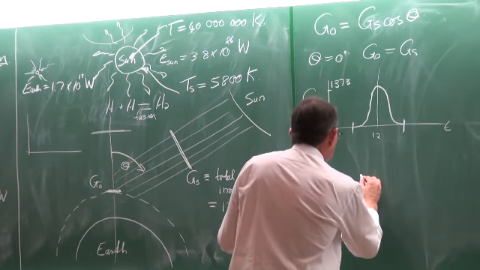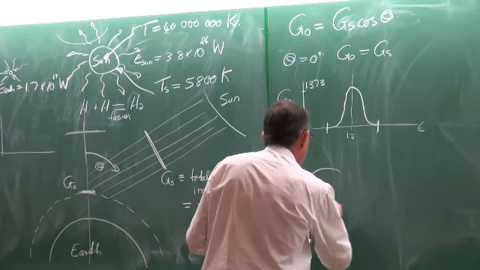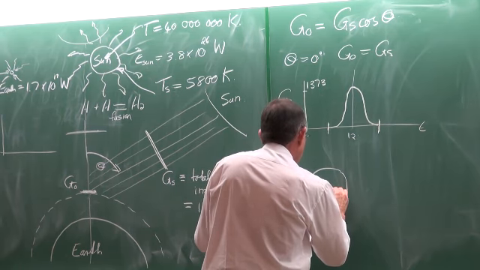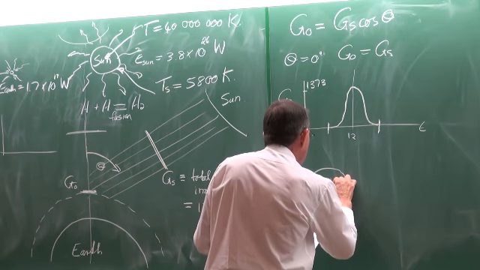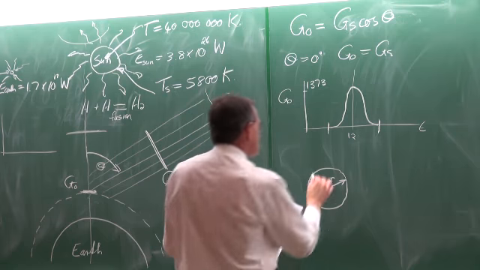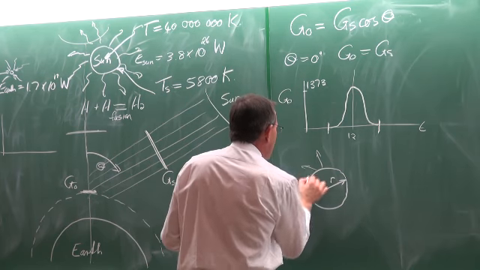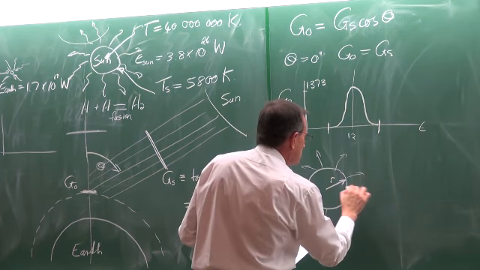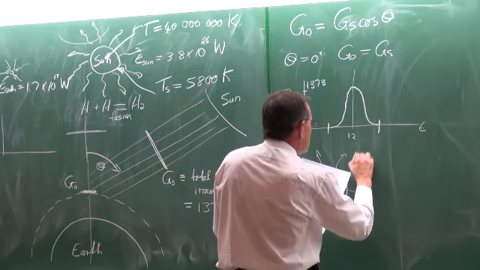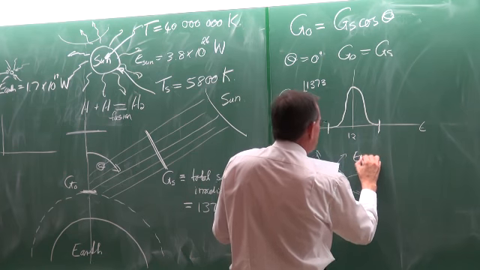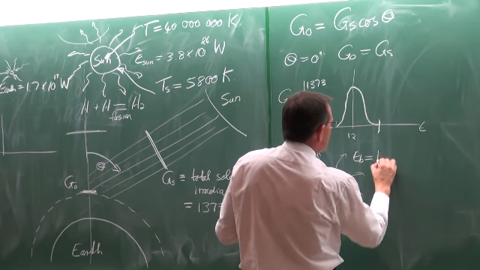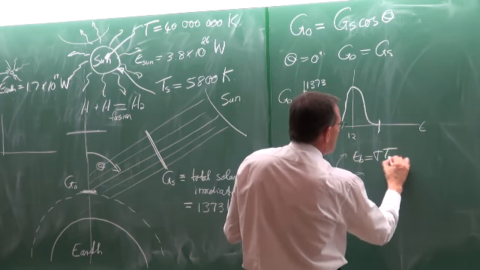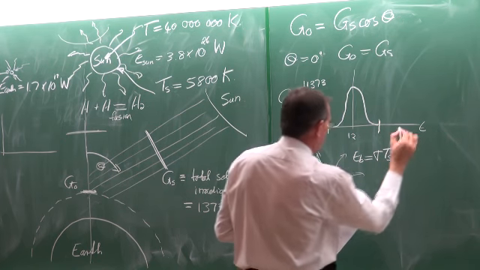The sketch that we're going to use: this is the sun with a radius r, and it emits radiation in all directions. The radiation of the sun, if we assume it is a black body, is equal to sigma times the temperature of the sun to the fourth.